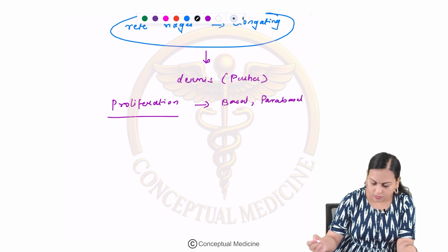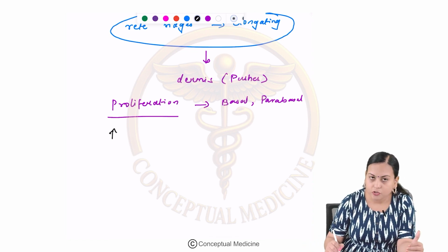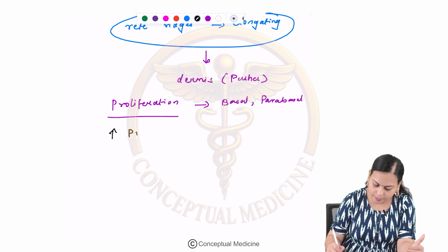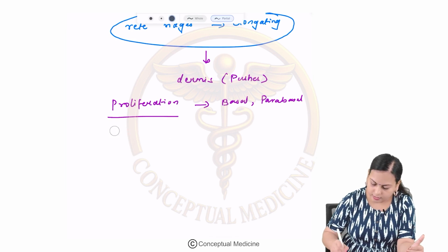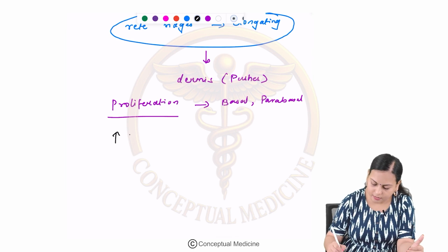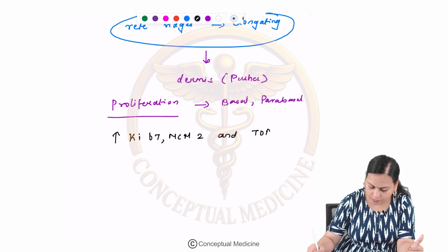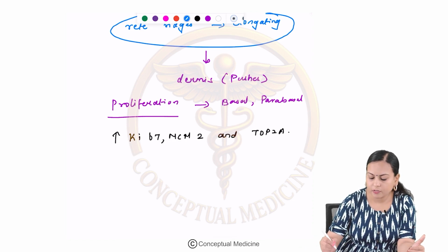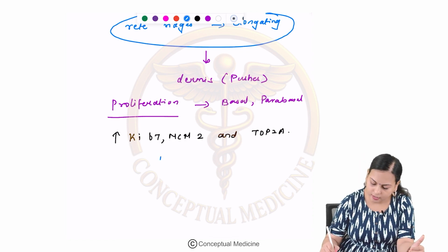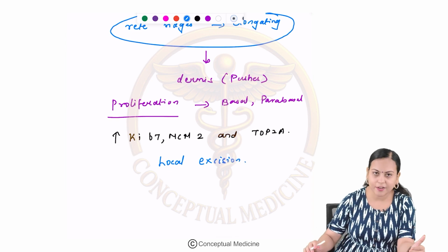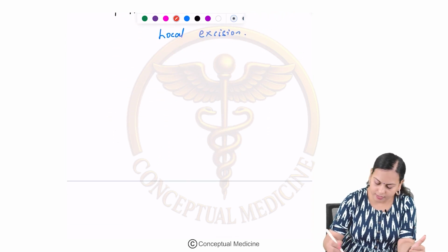So for identification, there is an increased expression of cellular proteins like increased Ki67, MCM2 and TOP2A. Okay. So how will you treat this condition? You have to go for a local excision. Clear? Yes.